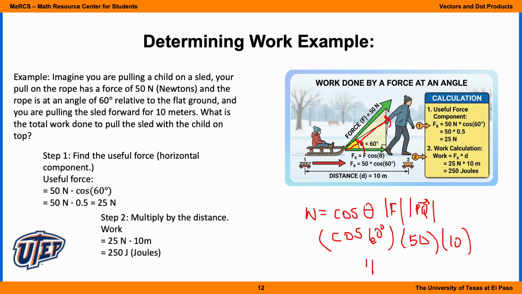So we have 1/2 times 50, which we can just write 25. And then 25 times 10 gives us 250 right here. So then since our units were newtons and meters, so 1 Newton meter is equal to 1 joule. So then we have 250 joules is the work that we have done in this example.